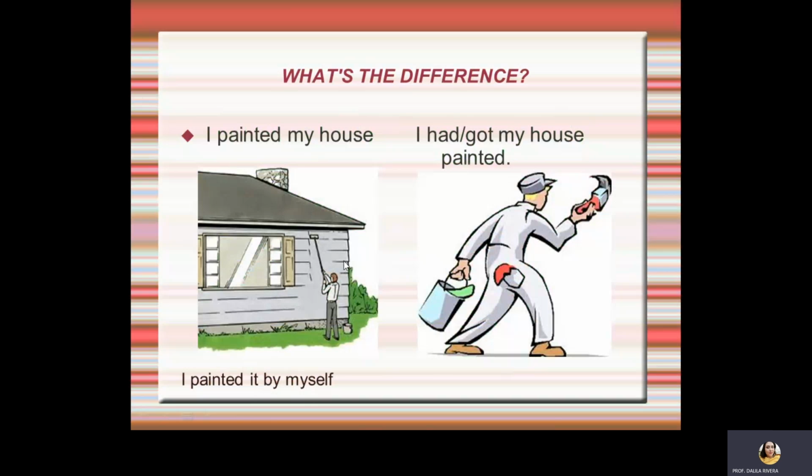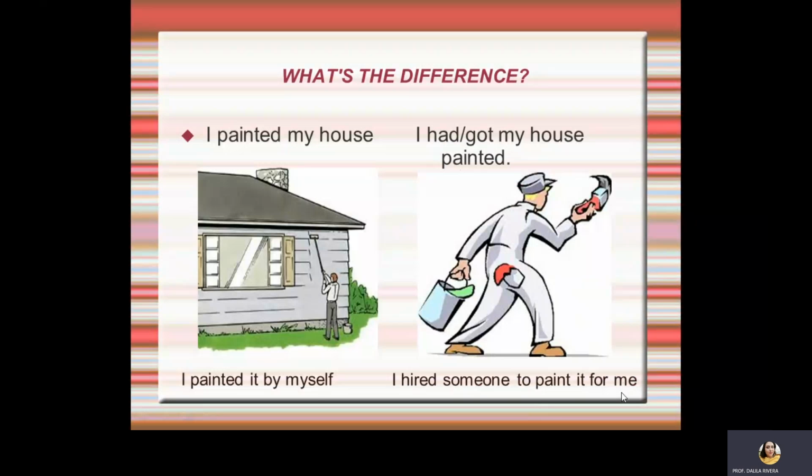But if you say, I had my house painted or I got my house painted, this means that I hired someone to paint it for me.